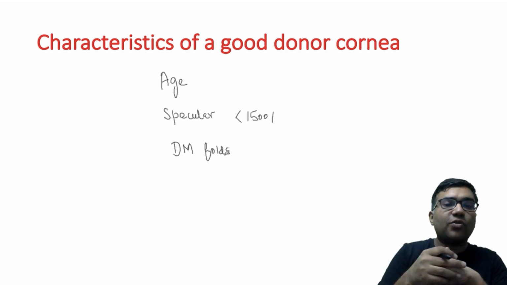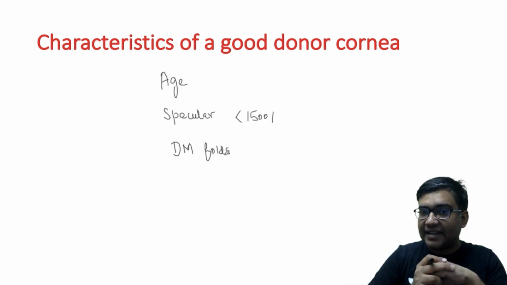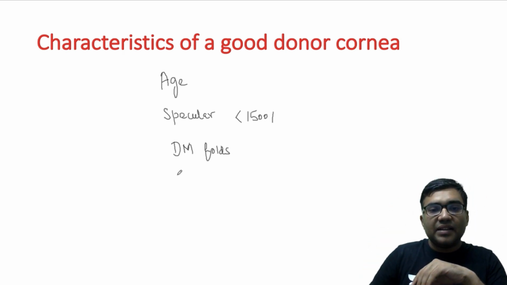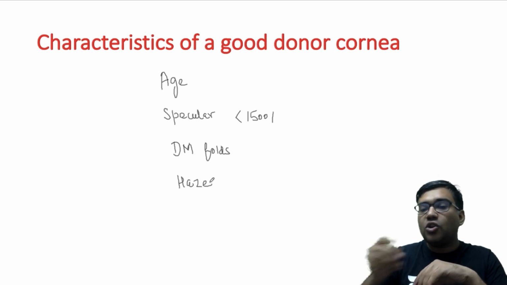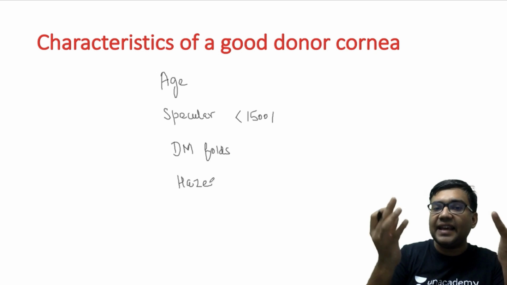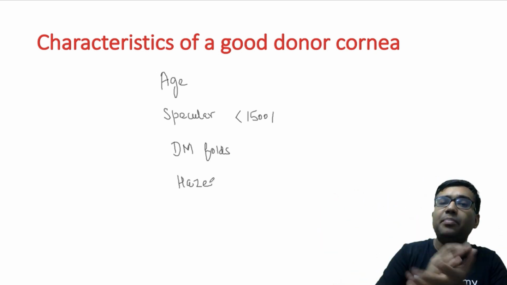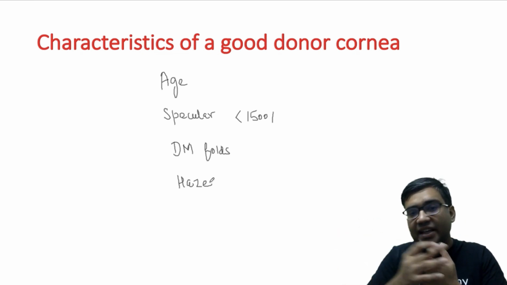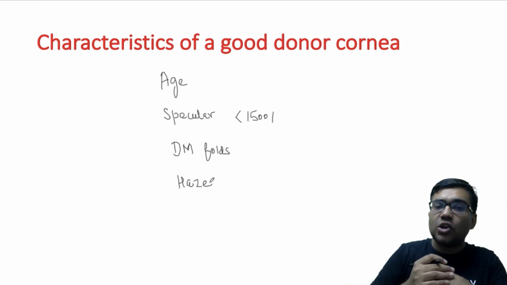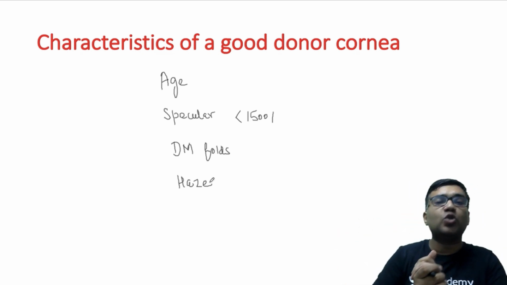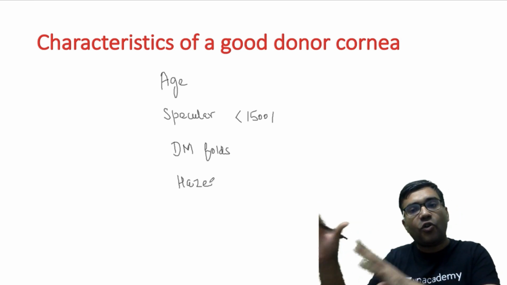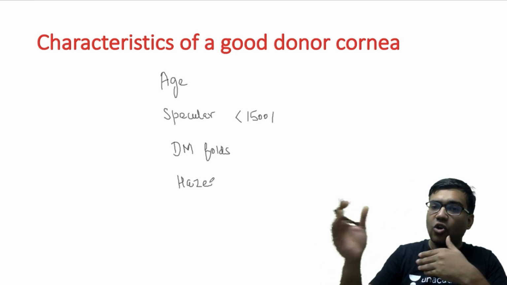So the quality of cornea is not good in those cases. The last but not the least is haze. So this corneal haze can be there because of the epithelium, or it can be because of the stromal haze also. So more is the corneal haze, less is the suitability of the cornea for giving a corneal transplant.